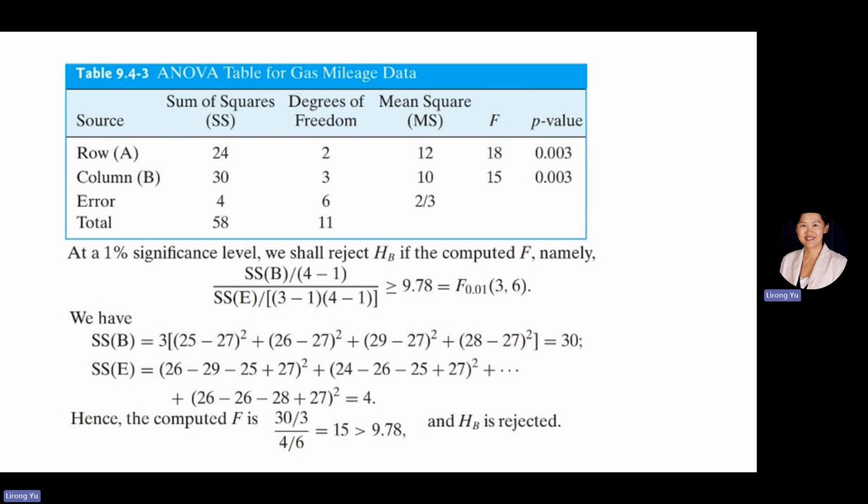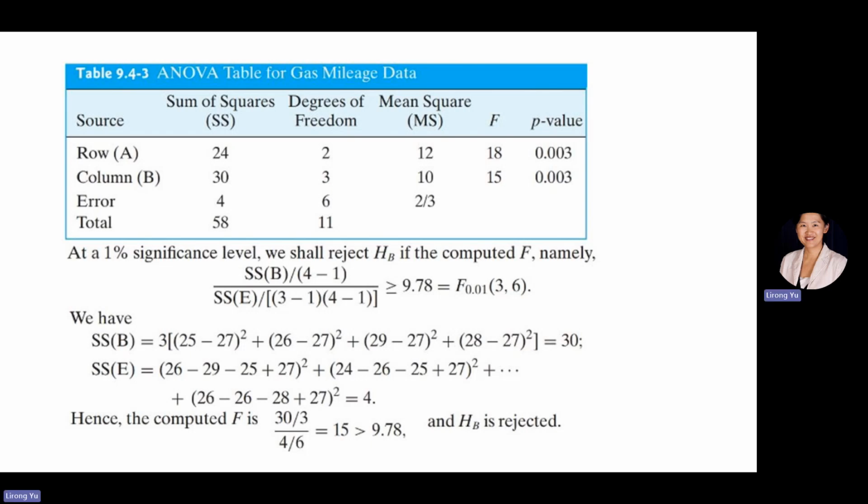This is caused by the fact that the SSB has a larger value than expected. So we will reject the null hypothesis. We will say that B is making an impact. Any question? So we'll say the factor B, which is the type of gasoline, is significant.